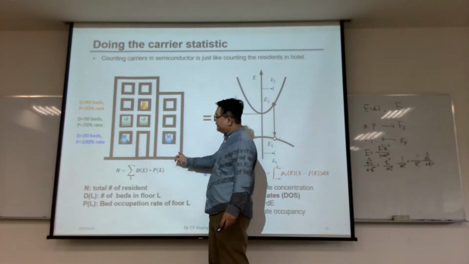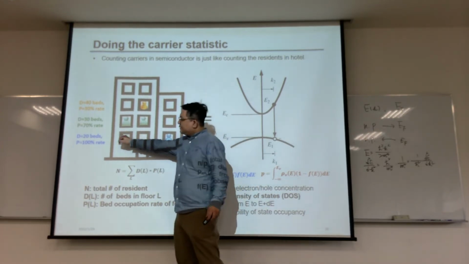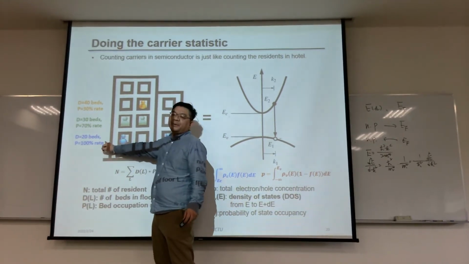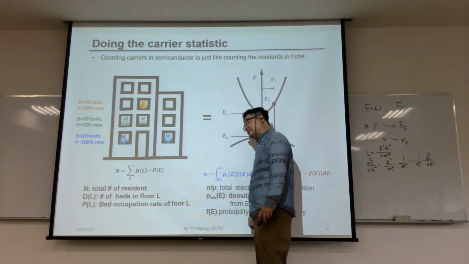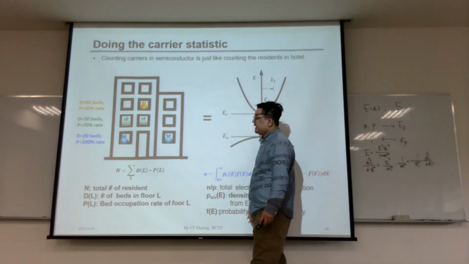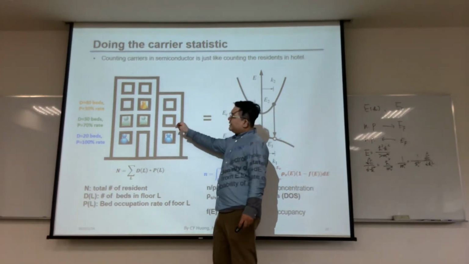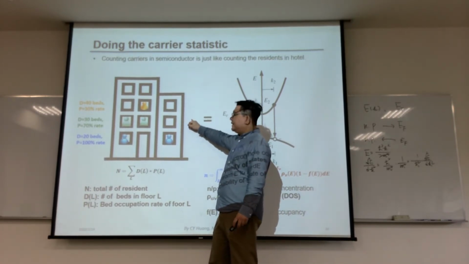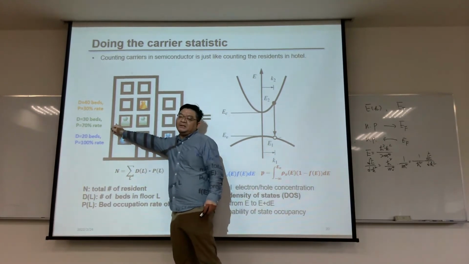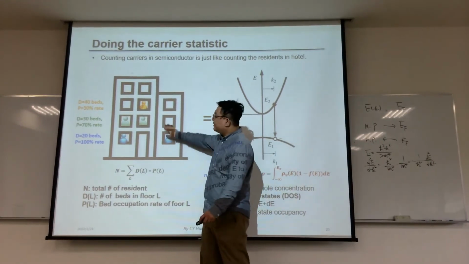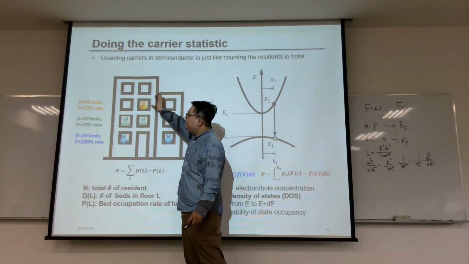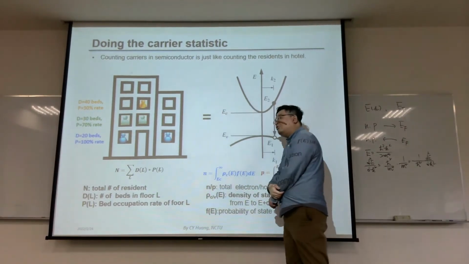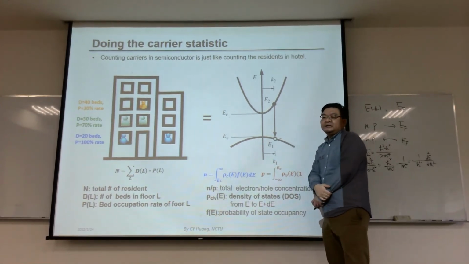For example, the first floor has 20 beds, and all the beds are occupied. The second floor has 30 beds, more beds, but only 70% are occupied. You have 40 beds on the next floor, but only 30% of them are occupied. So the question: how many residents are in this hotel?